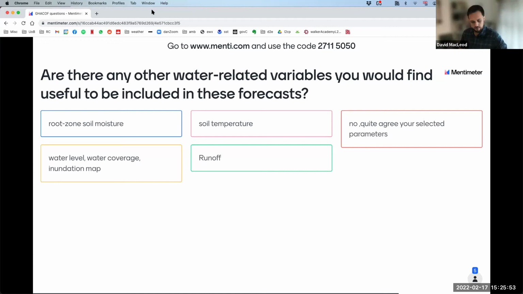So yeah, the model's primary aim is the partitioning of water, and so with temperature, factors like cloud cover and radiation and surface energy exchanges might make things, well, in its current form, I'm not sure if it's possible, but water level and water coverage, certainly.